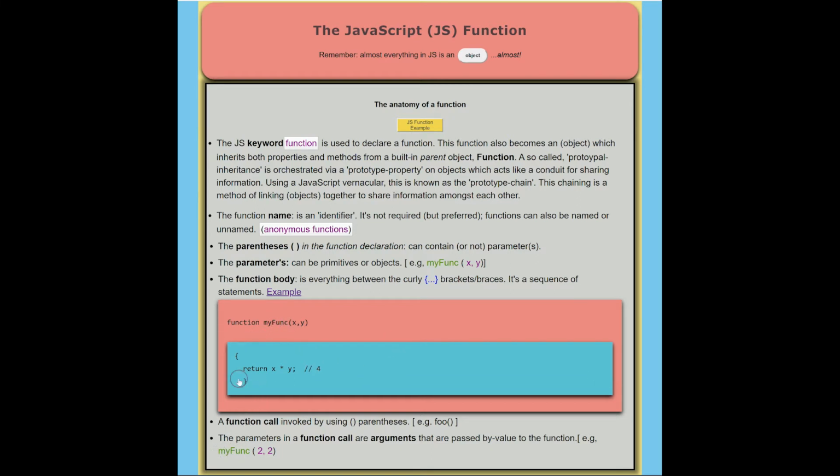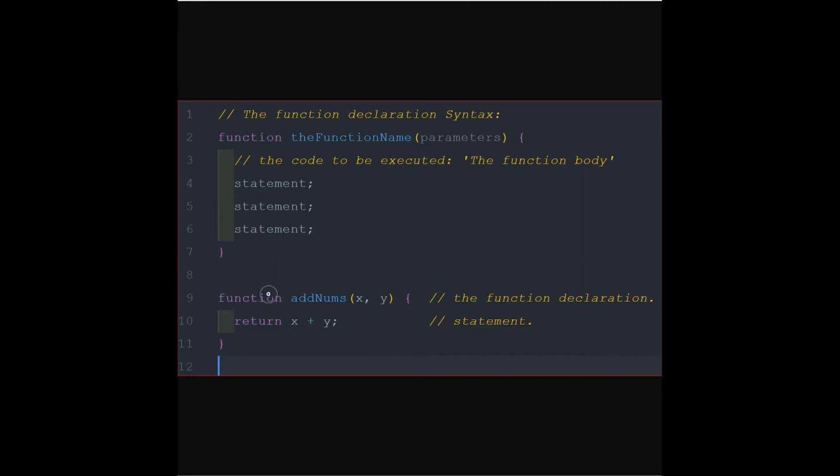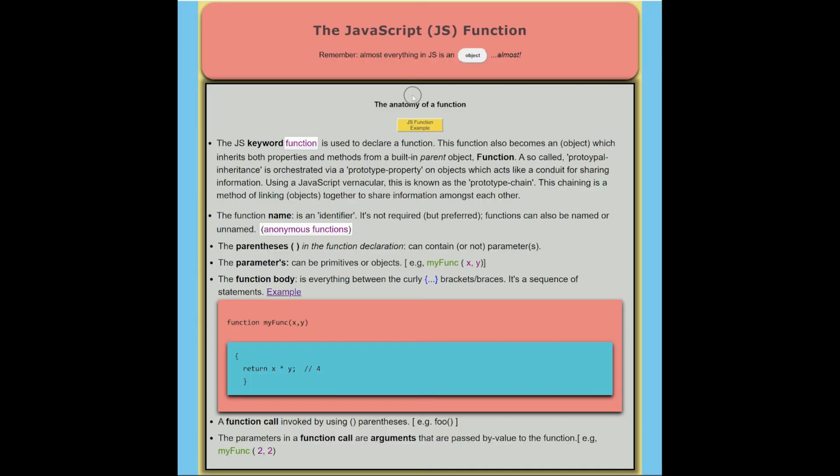Once it comes down, let me show you this example again. Once it comes down to this function here, and then this add nums, if I were to call that function, for instance, this is my function: let foo equal function, and I have x, and then return x times x.